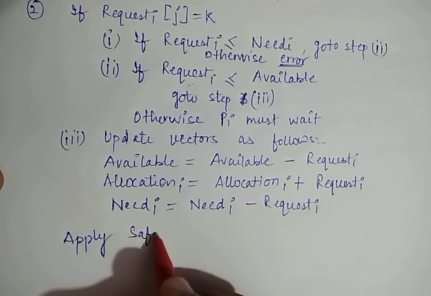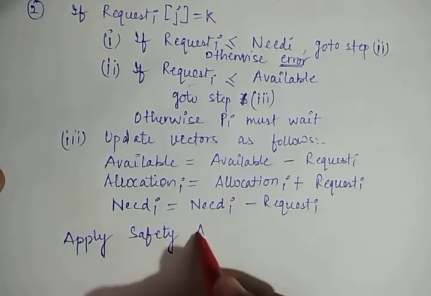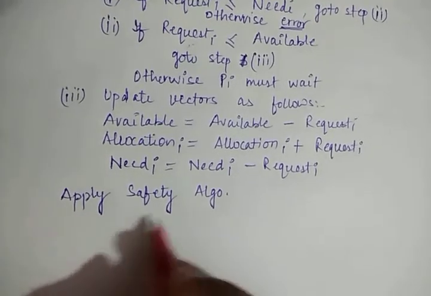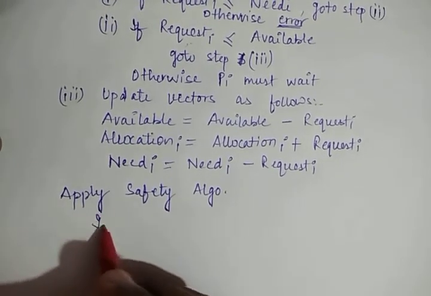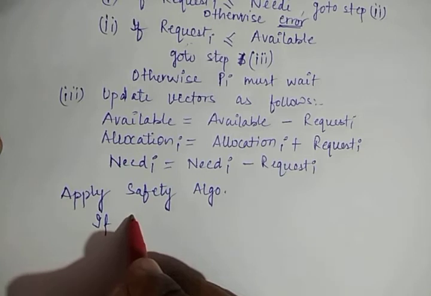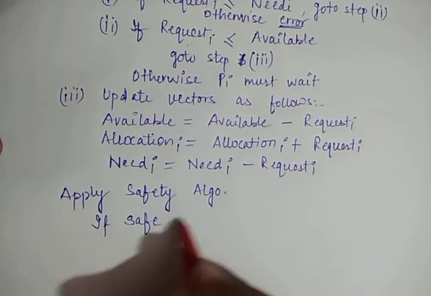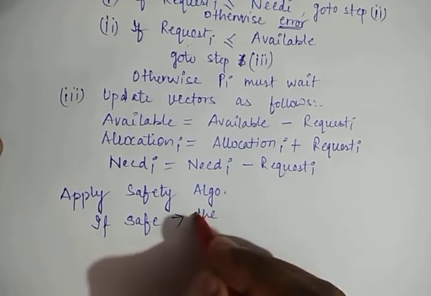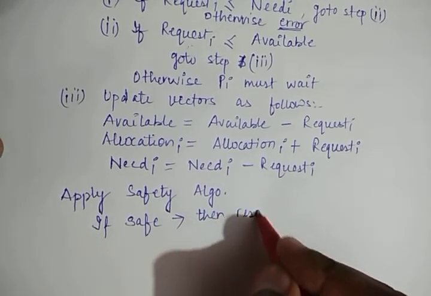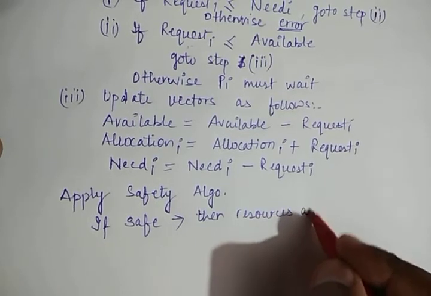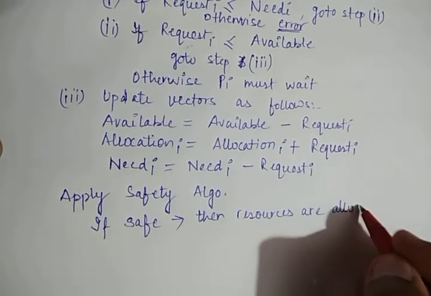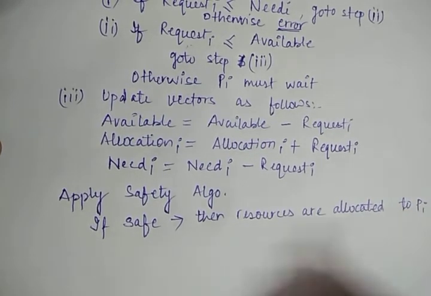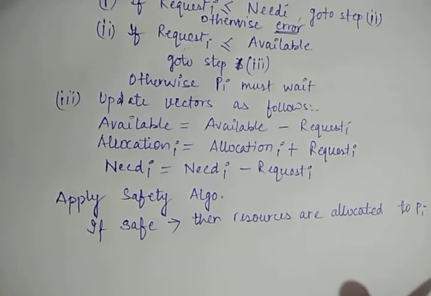Then after updating all these vectors, apply the safety algorithm. After applying the safety algorithm, if we find the state as safe, then resources are allocated to Pi, that is, the process will be allocated resources.